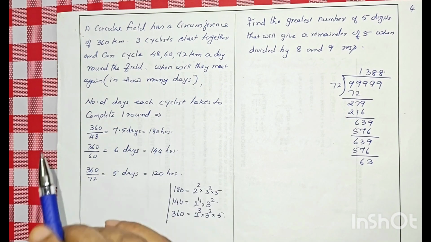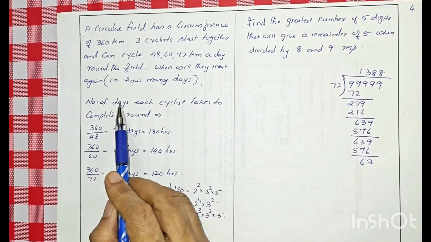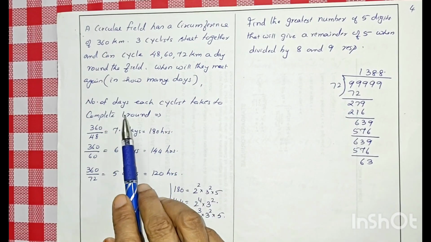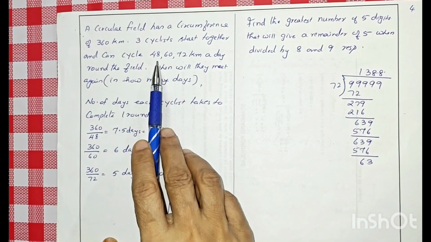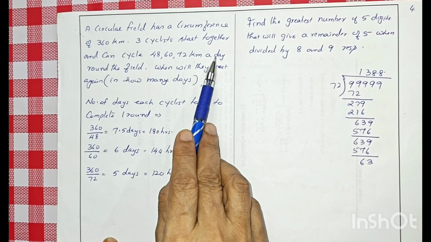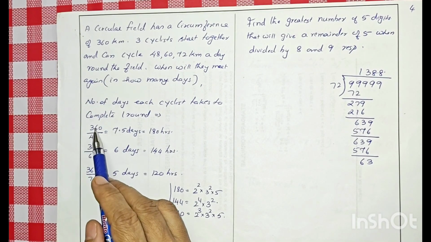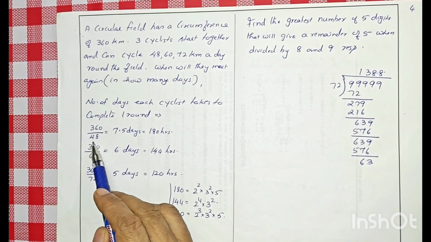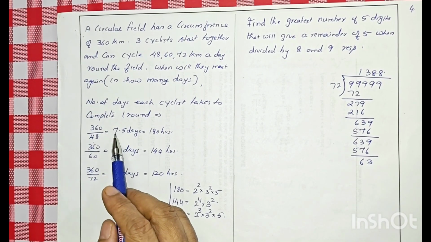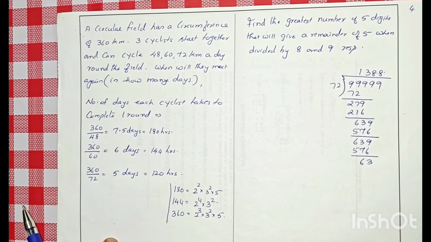So for that, we will convert this to the number of days each cyclist takes to complete one round. So 48 kilometers per day the first person is cycling. So in 360 divided by 48, he will take 7.5 days to complete one round.